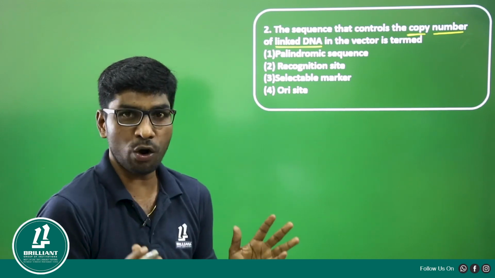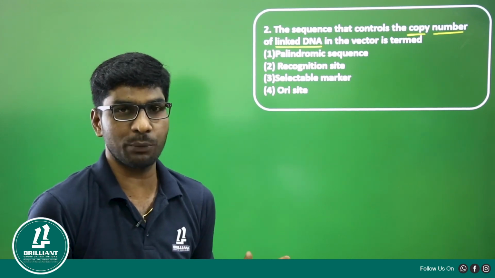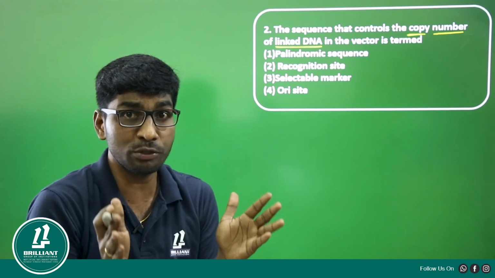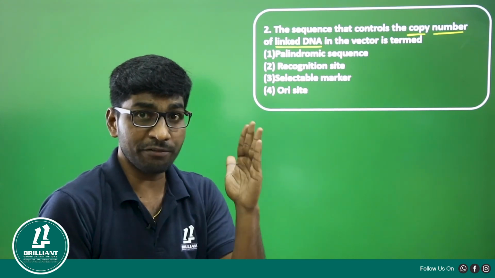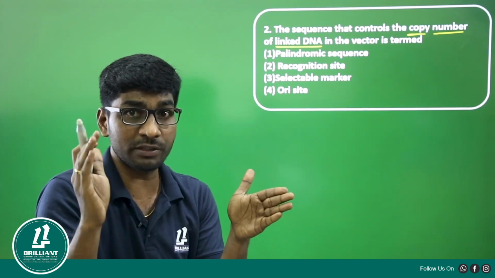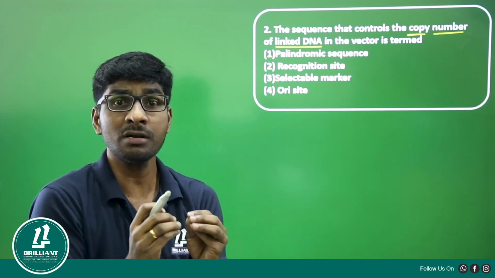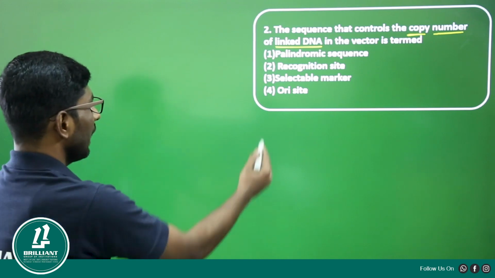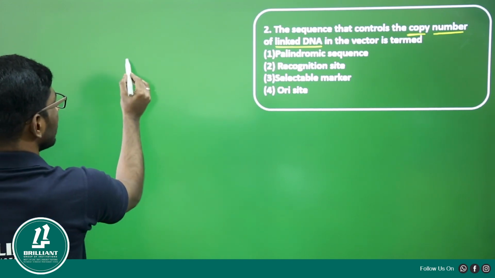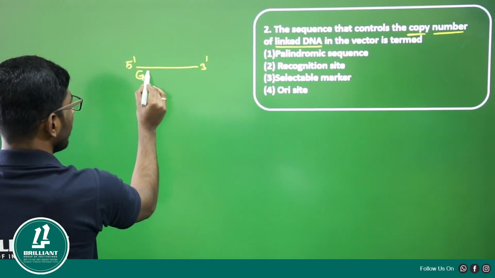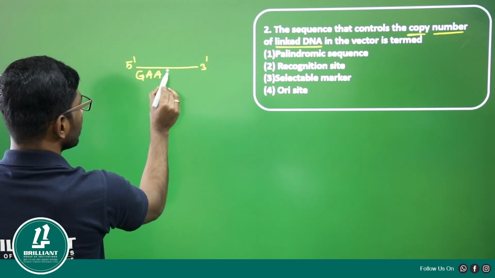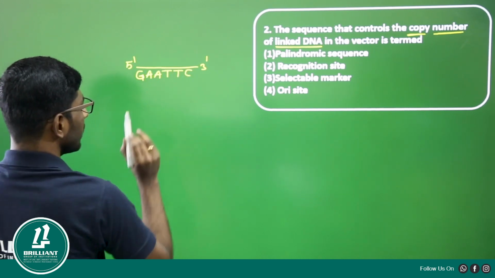Palindromic sequence. How many of you remember the palindromic sequence? Palindromic sequence in DNA means, if you read from 5' to 3' and 3' to 5', the nitrogenous bases are the same, right? Let me write the palindromic sequence. This is GAATTC.